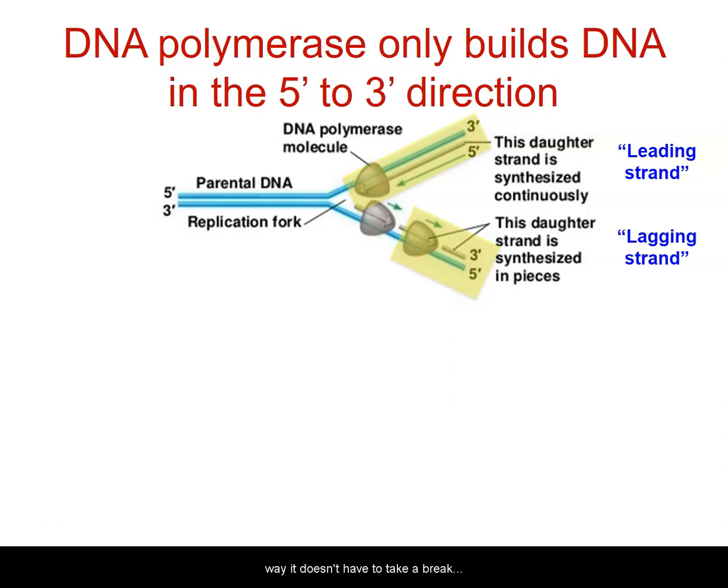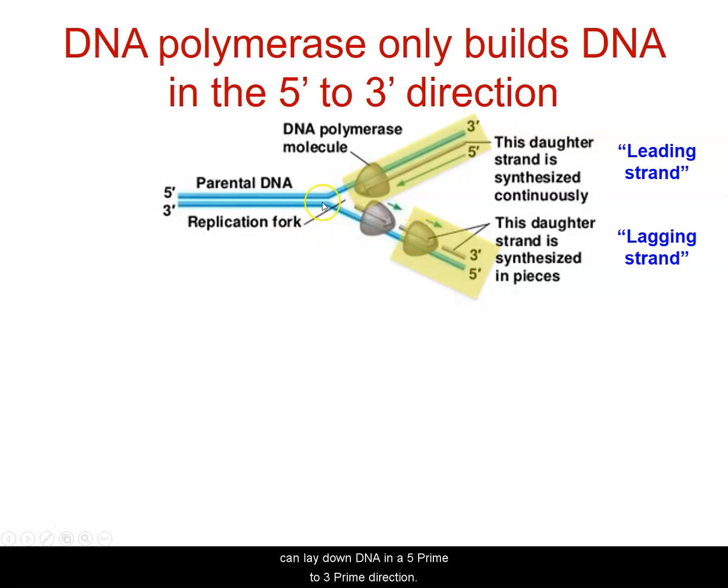It keeps working. The lagging strand, as I mentioned earlier, has to take a break. And what this means is that as DNA unzips, you're exposing more and more nucleotides to be replicated. So in this case, DNA polymerase can only land in the appropriate spot where it can lay down DNA in a 5' to 3' direction.